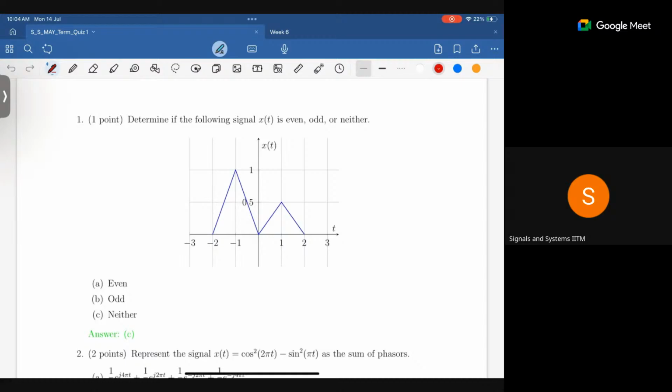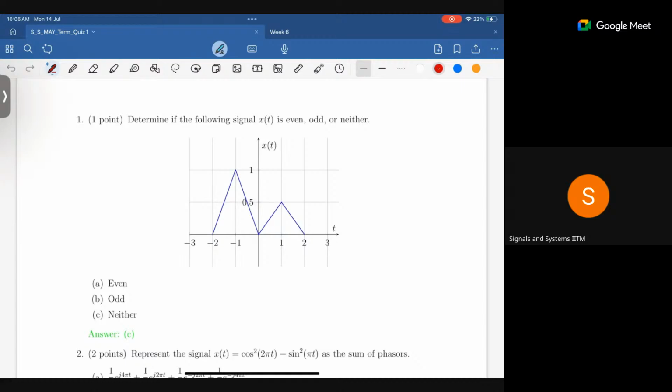Can you all vote? Open the polls within the Gmeet itself. You just have to click an option. Okay, so you all can vote in the polls, and by then we'll quickly go through the quiz.